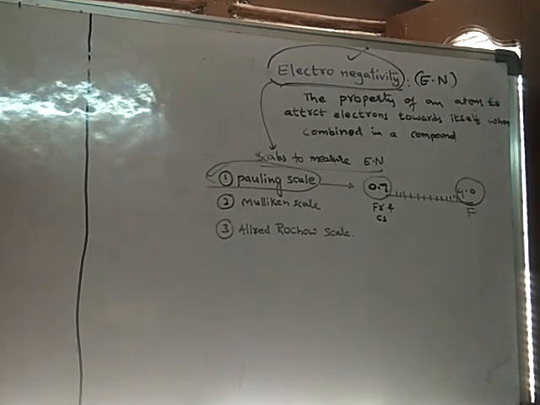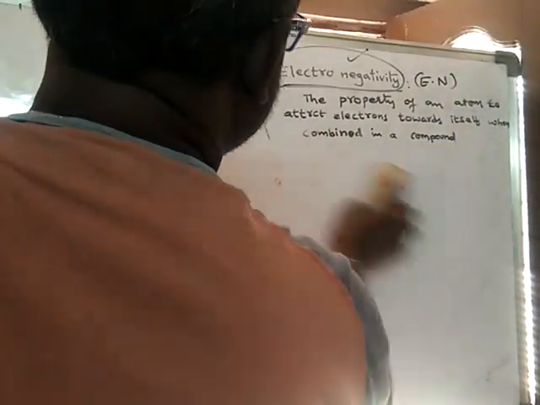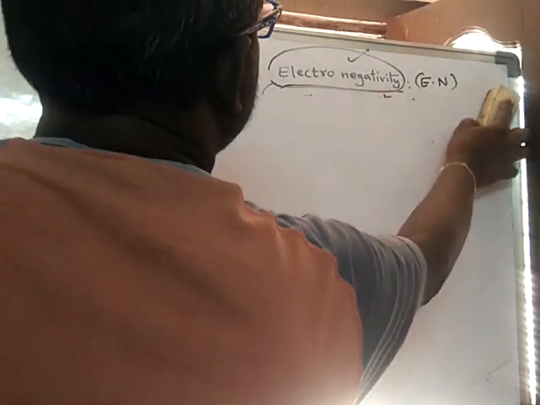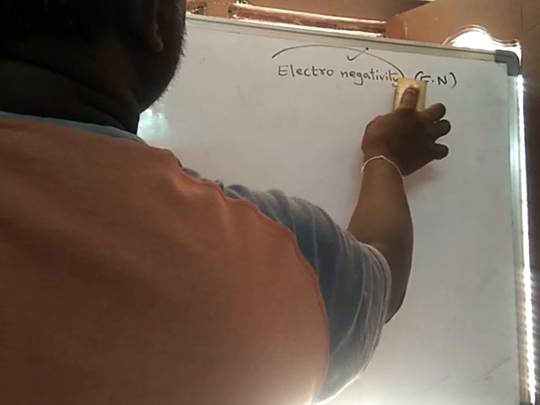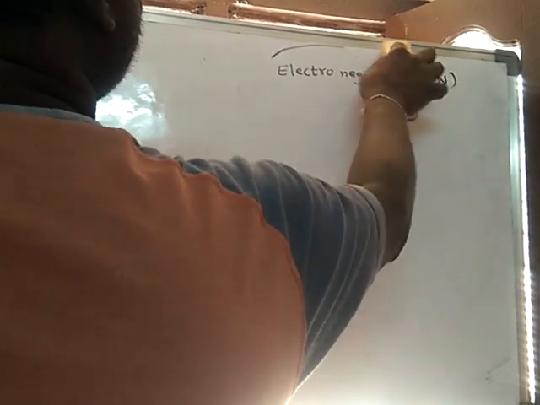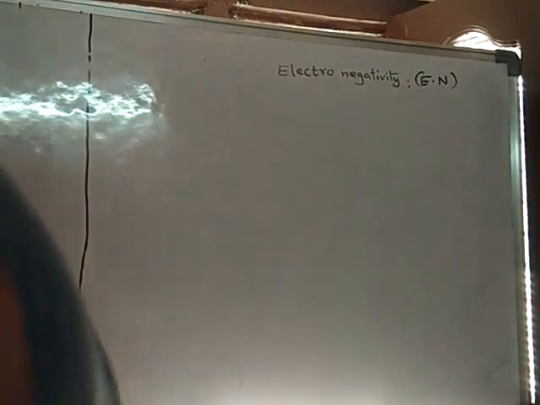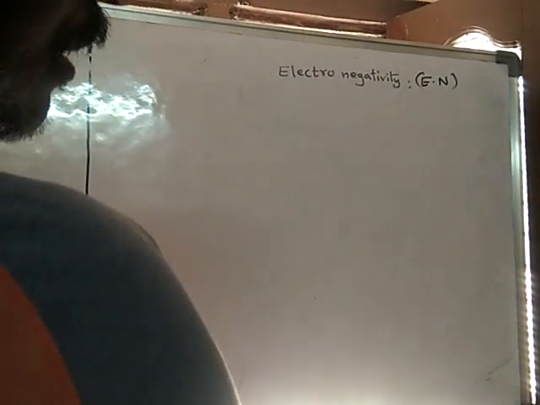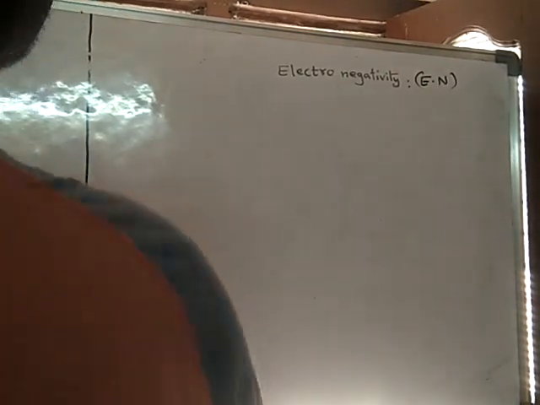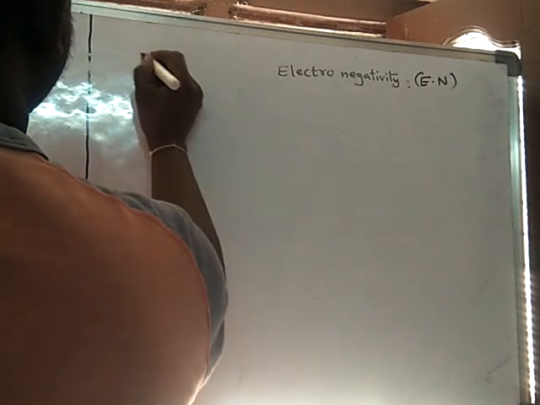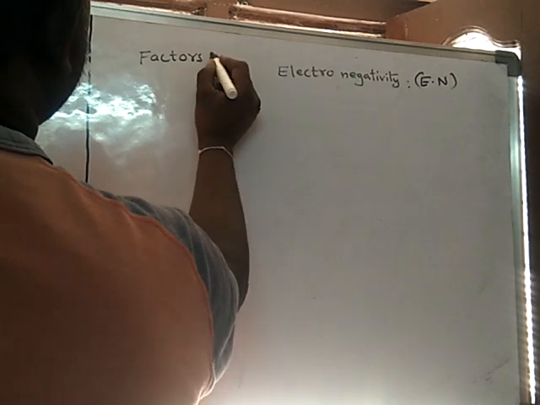Okay, right. Now let us learn about the factors that affect electronegativity. What is electronegativity? Electronegativity is nothing but the attracting ability of an atom. They attract the bonded electron pair.